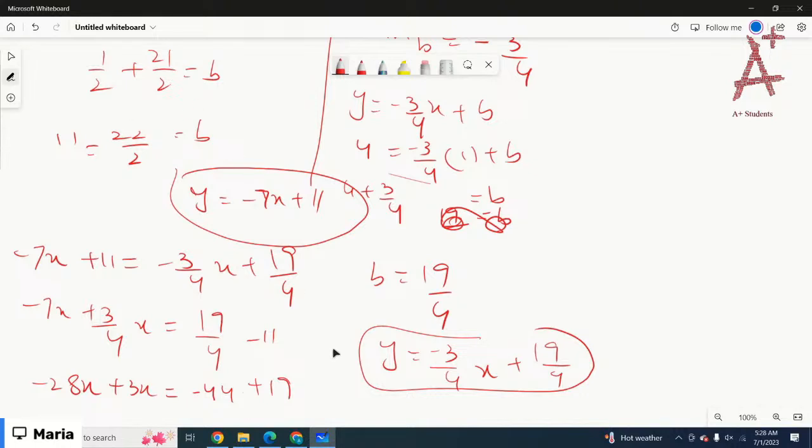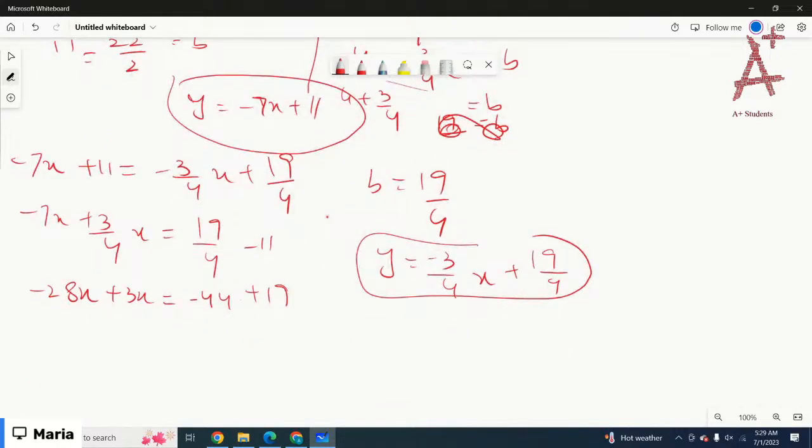When you solve it, x equals 1. Then to calculate y, it would be negative 7 times 1 plus 11, so 11 minus 7 equals 4. So the point is (1, 4), which is the same distance from each vertex. Got it?